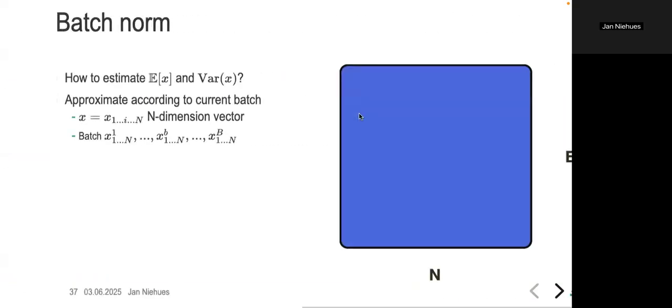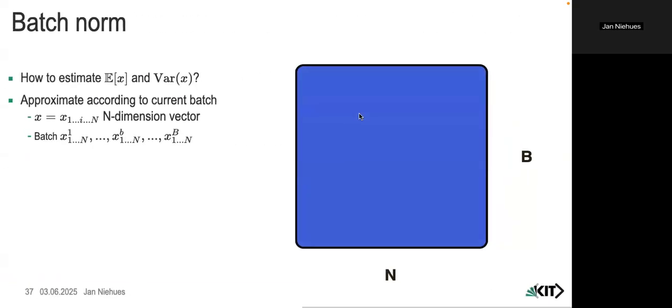Exactly, the batch, and that's what we're doing. The batch we're calculating in parallel anyway, so there's no extra calculation in doing that. So instead of calculating the expectation value and the variance on the whole training data, we calculate it only on the current batch, and that we can do quite fast.